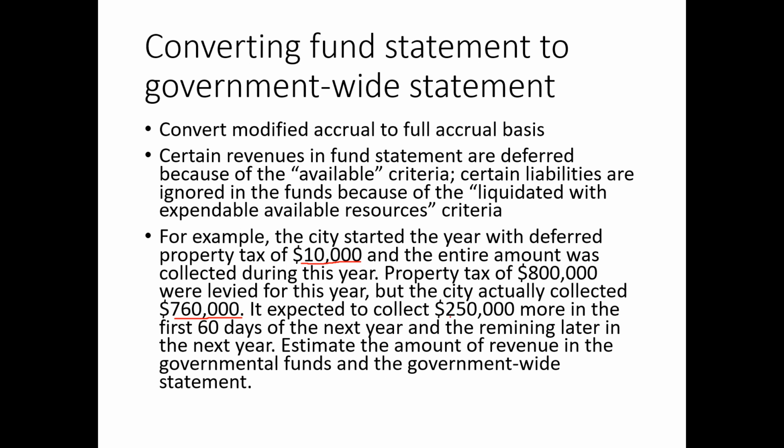And in addition to that, let's apply the 60-day rule. We collect 250,000 during the first 60 days of the next year, right? So this can also be counted as this year's revenue.